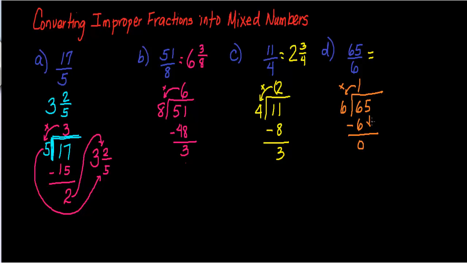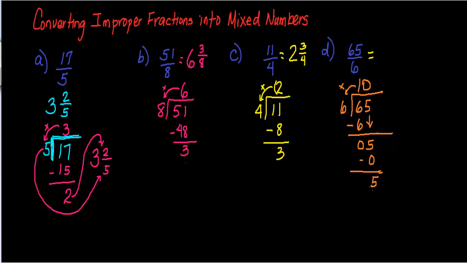You bring down the 5. And now you ask yourself, how many times does 6 fit into 5? 0 times. 0 times, and then 0 times 6 is 0, and then you subtract and you get a remainder of 5. There's nothing left to bring down, okay?